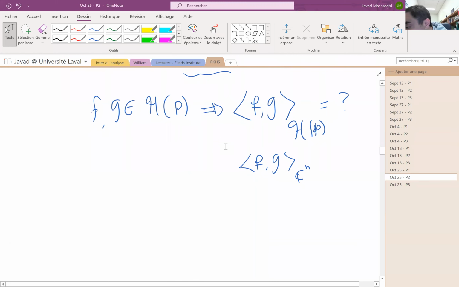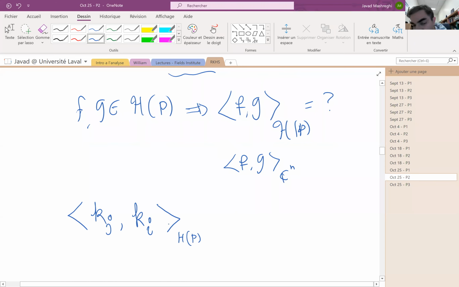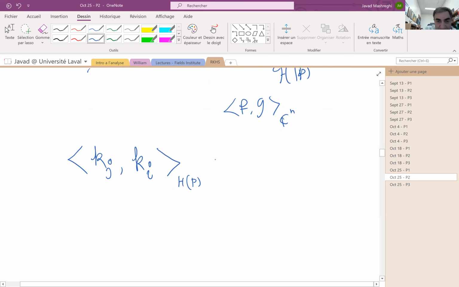So it's enough to say what is Kj and Ki, but the inner product in H of P. What is this? Well, to do this observation, first note that by the meaning of inner product, this is Kj evaluated at point i.